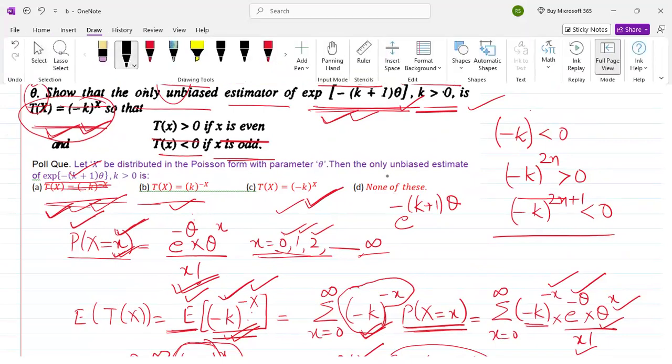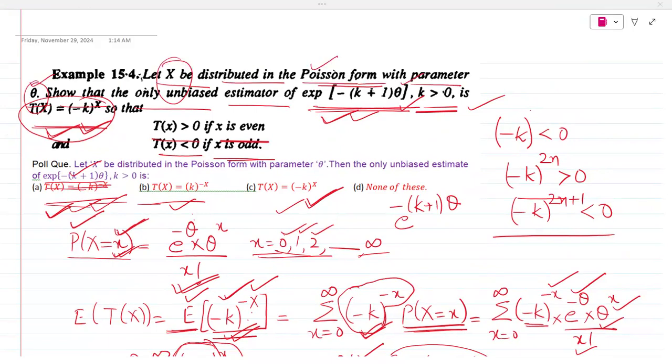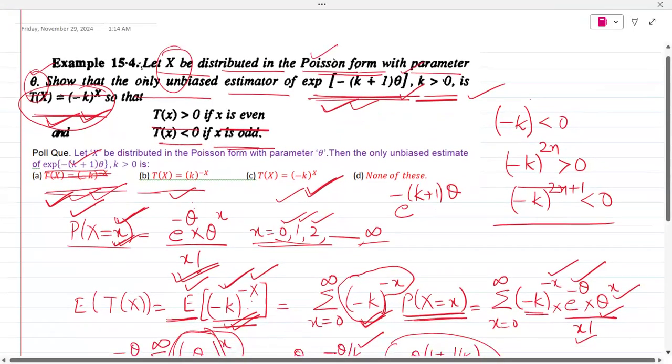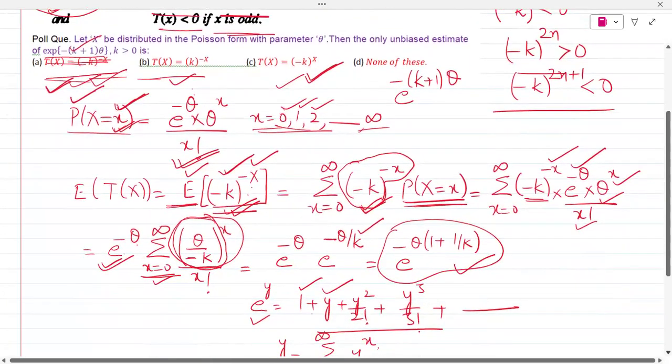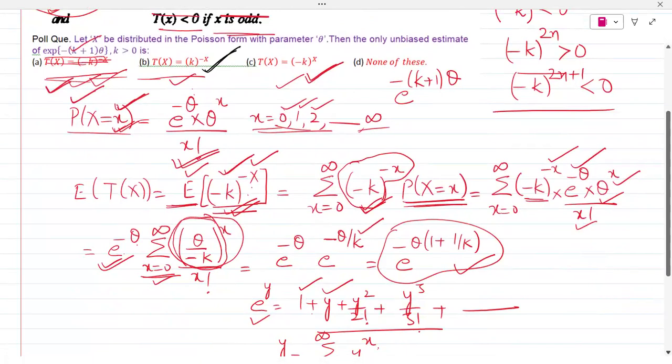Now for option number 2, you can see here it is k^(-x), so here it will be plus, and even here it will be plus, and even here it will be plus.